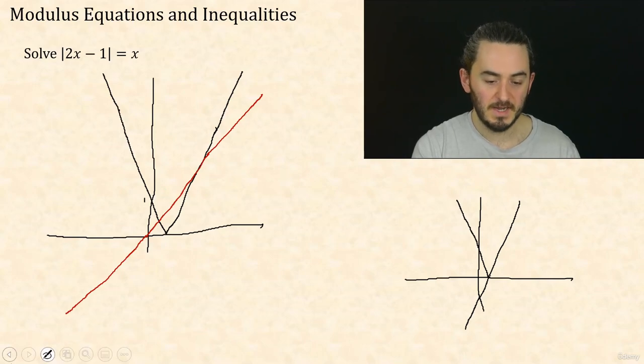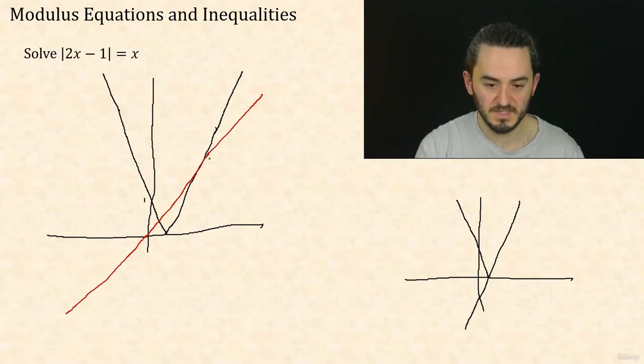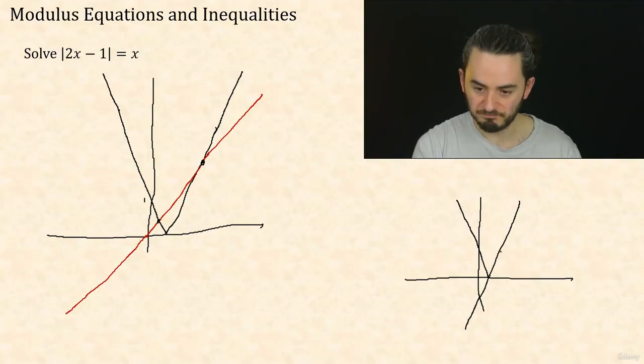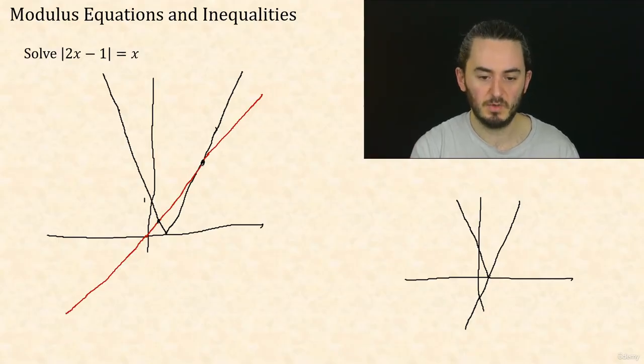All right, and now I can see that the solution of my equation is the point where these two graphs intersect. So that's here and here. So how do I find those points? Well, this point here was where the positive part of my original line, the kind of unmodded bit, if you like, or the bit where the mod did nothing, intersects the line y equals x.